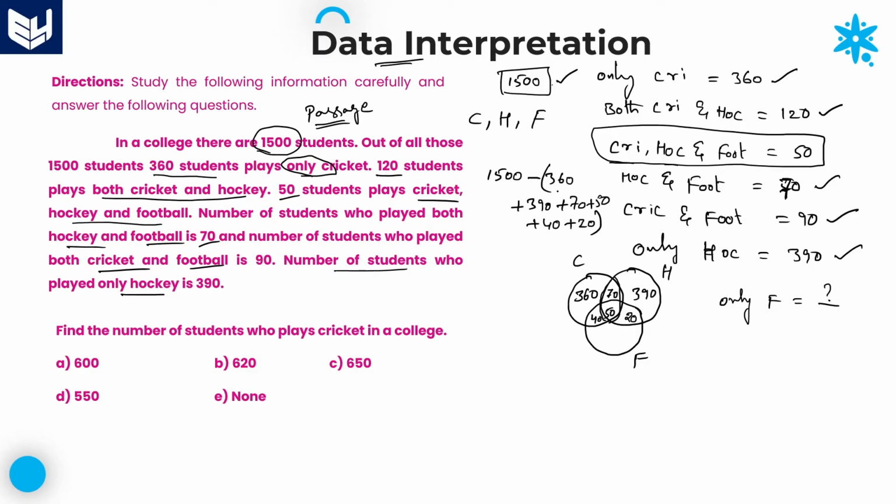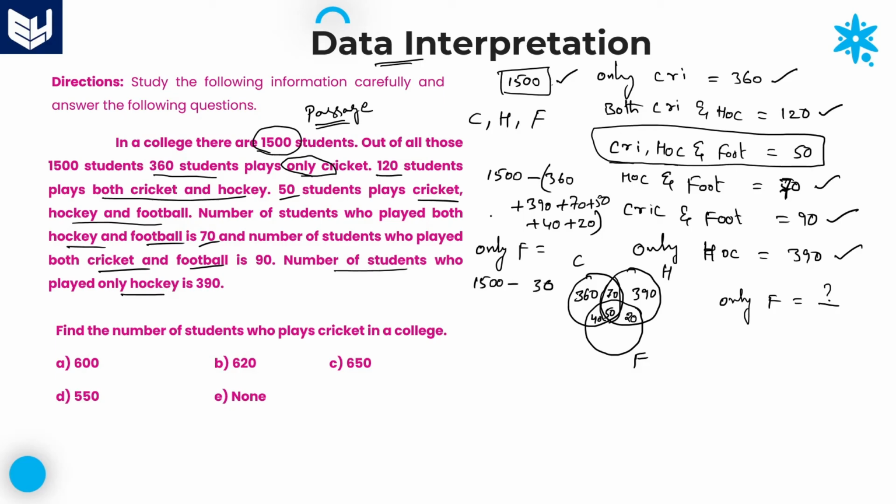Adding all these values, the units place is 0, and in the tens place, 6 plus 9 is 15, plus 5 is 20, plus 7 is 27, plus 4 is 31, plus 2 is 33.